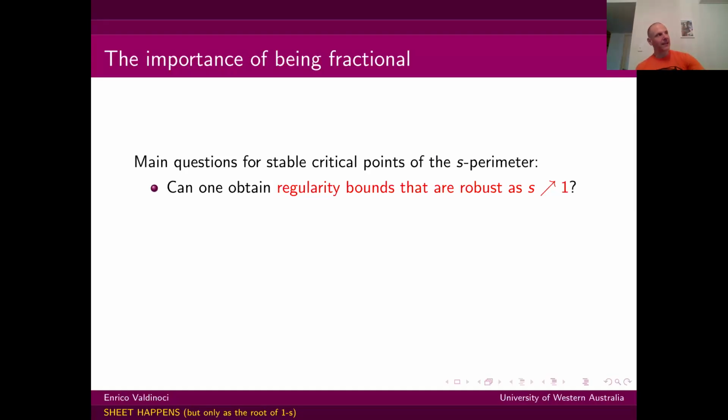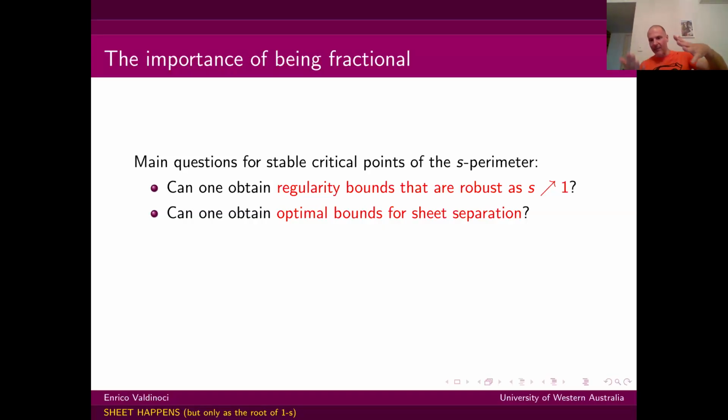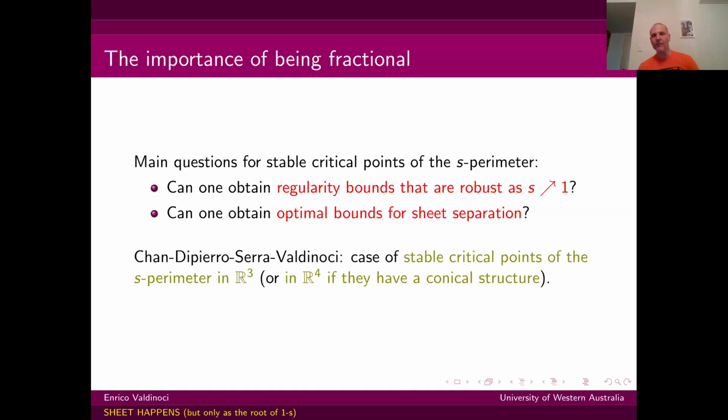Can you say that, okay, you have many sheets, but the sheets remain somehow regular, and the regularity remains uniform when you approach the classical case? Can you obtain optimal bounds for sheet separation? We know, for instance, from the example of Cabré, Cinti, and Serra, that planes have to be separated by a distance like the root of 1 minus s. What can we say in general?